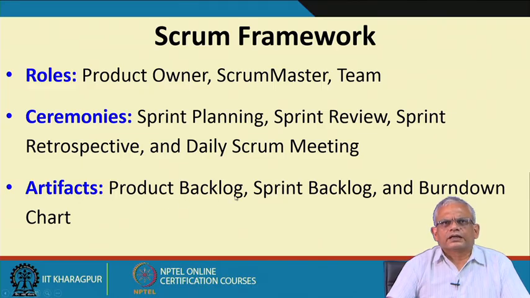One is the product backlog. Here the items or features that are not yet complete are maintained. This is a prioritized list of features to be implemented, not yet complete. The sprint backlog is a subset of the product backlog, which is to be completed during a sprint.